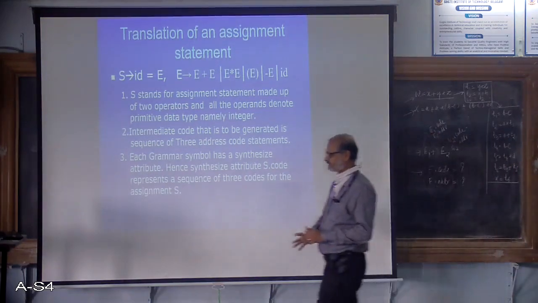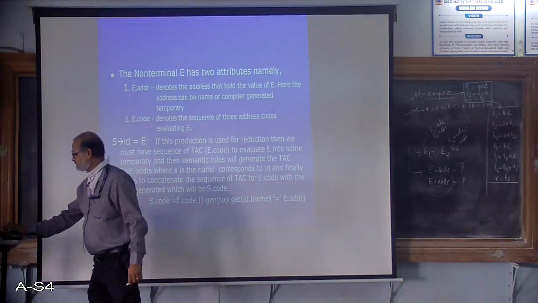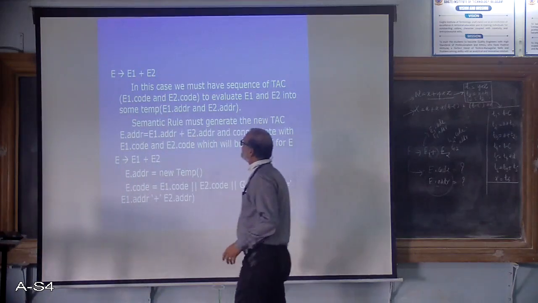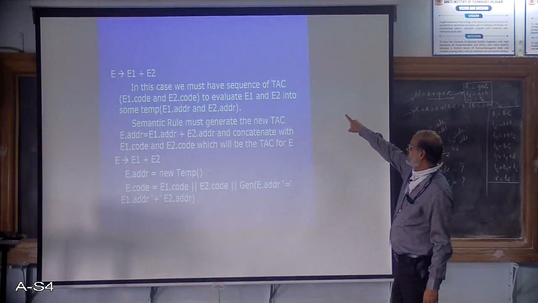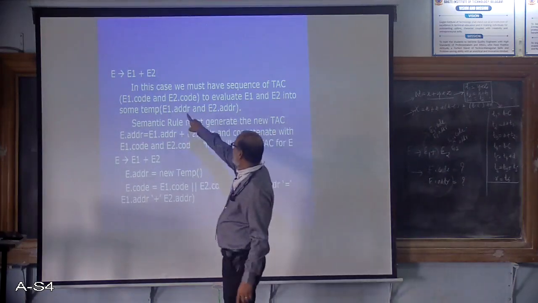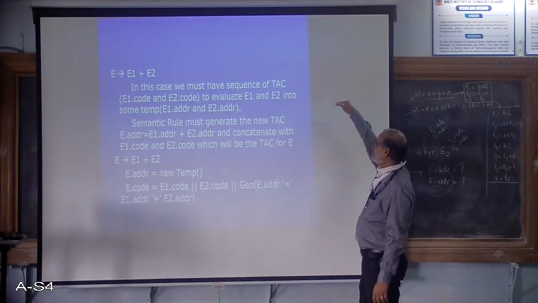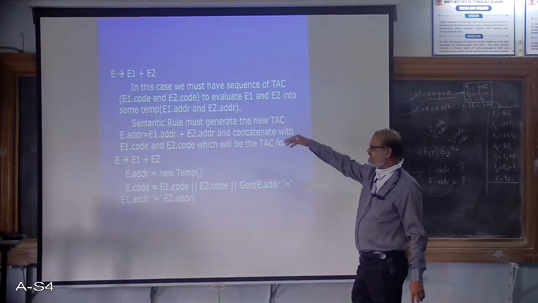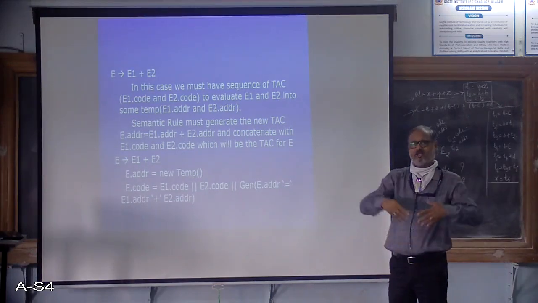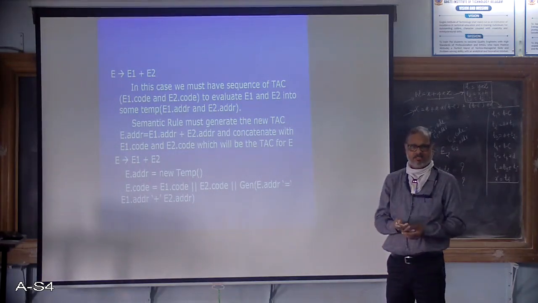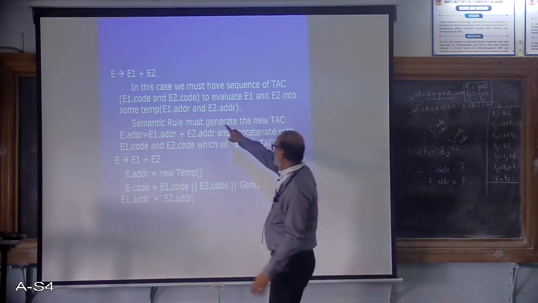If you just see the productions, in this case we must have a sequence of 3 address codes, that is E1.code and E2.code, which we already have. These are evaluated in some place. So E1.address and E2.address are in some temporary, or they could also be variables, or they could be a constant.